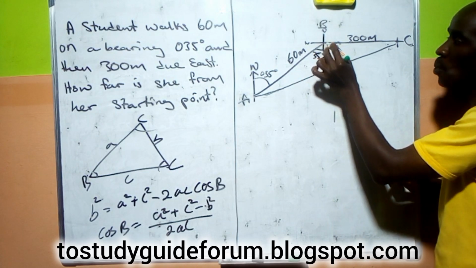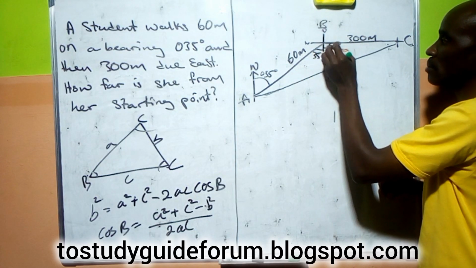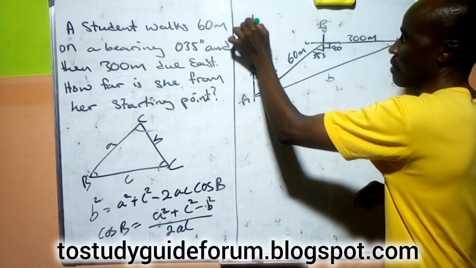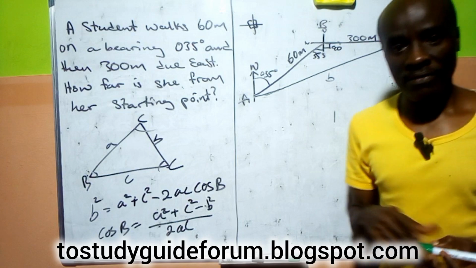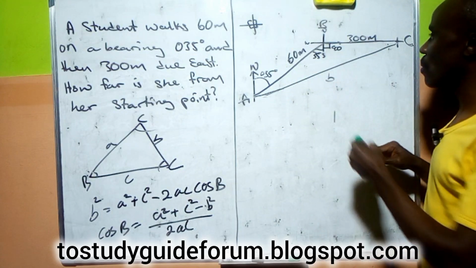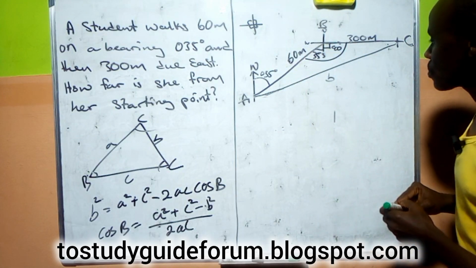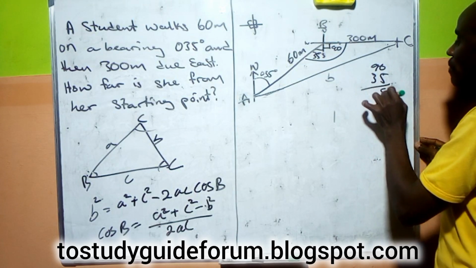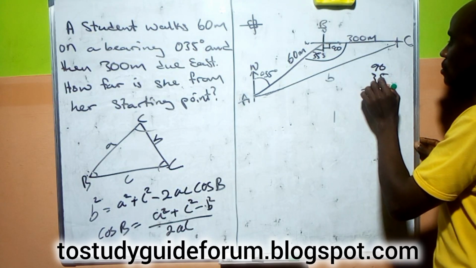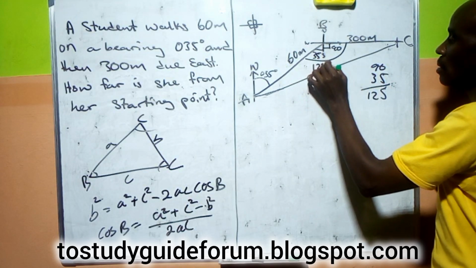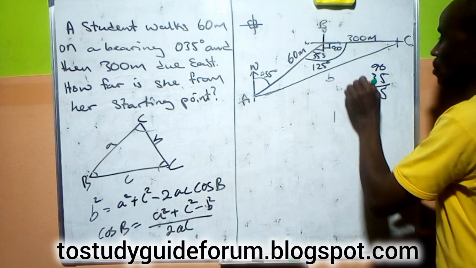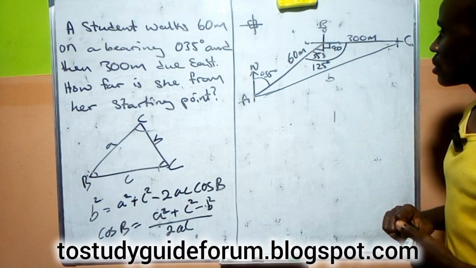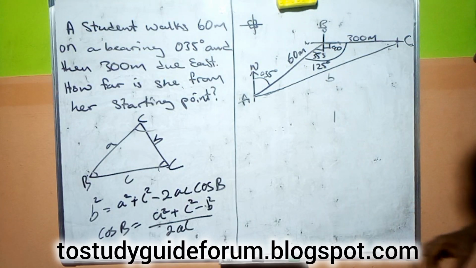And since it's due east, here is 90, because east as a cardinal point is 90 degrees. So to find the angle we have there, 90 plus 35 gives 125. So this is the angle. Now we can apply this rule.